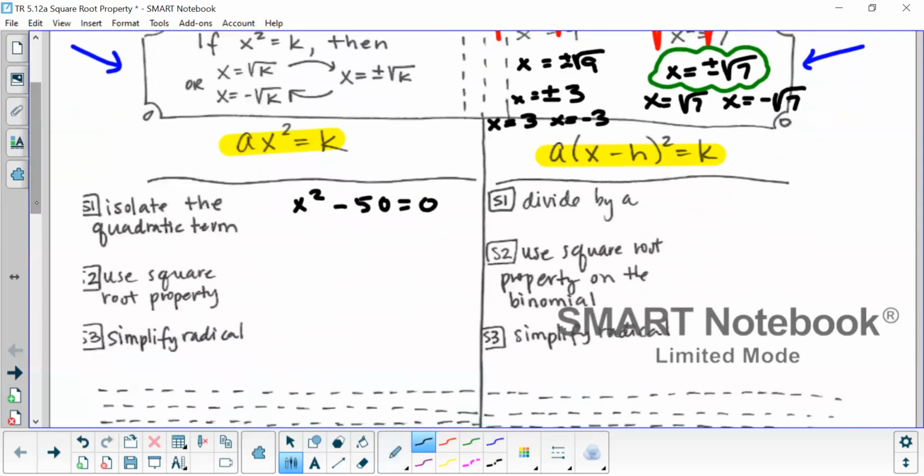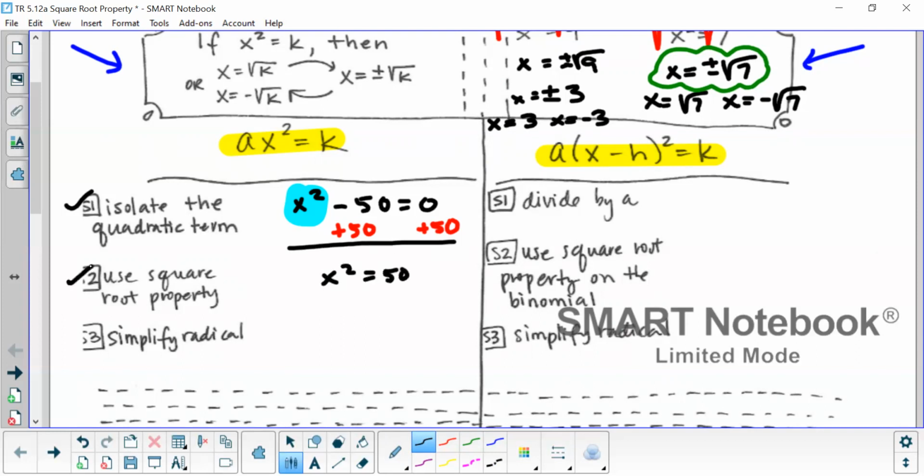Our very first step right here is to isolate the quadratic term. The quadratic term is the variable with the 2 on it. There's my quadratic term. Isolating it means getting it all by itself, but right now it has the minus 50 on it. So what I'm going to do is add 50 to both sides. And that gives me x squared equals 50.